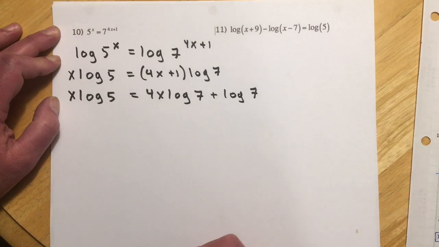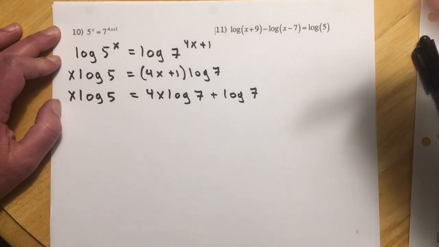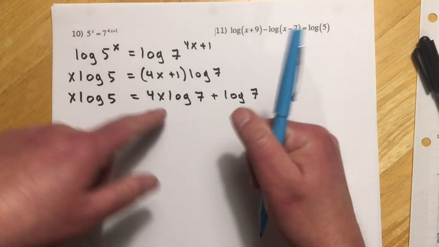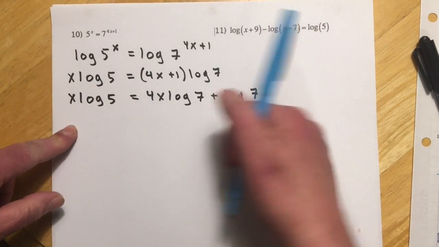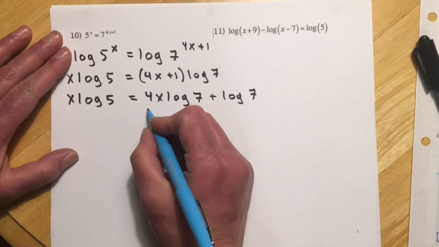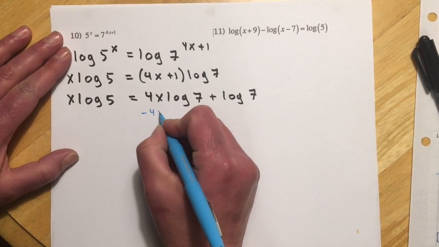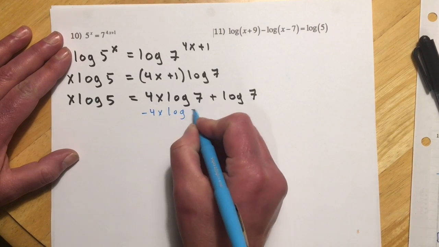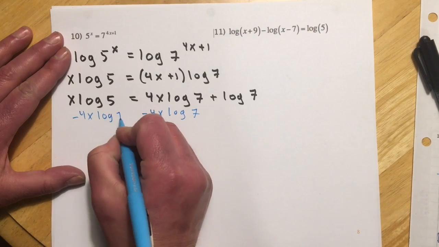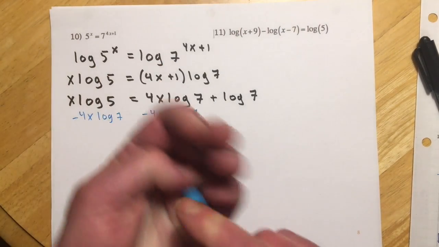And then next I'm going to get my x's over on one side, and then that's going to let me be sneaky and then factor the x out front, and then I can divide the rest of the stuff over. So I'm just going to do that on both sides.